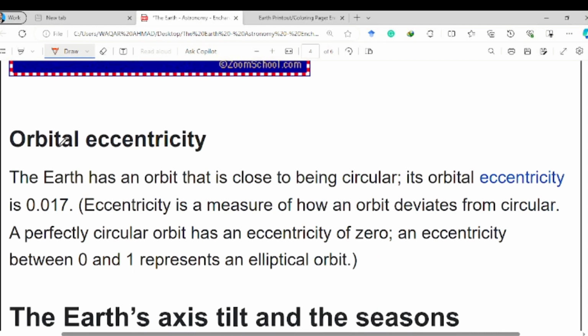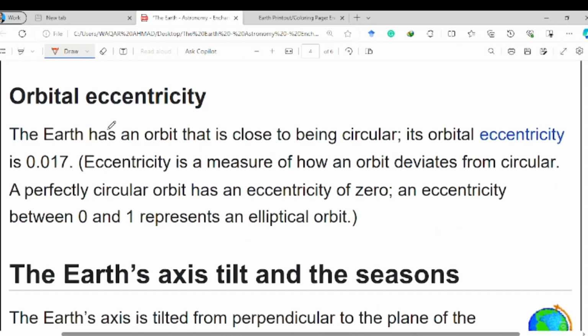Okay, so orbital eccentricity. The Earth has an orbit that is close to being circular. Not perfectly circular, but close to circular. Its orbital eccentricity is around 0.017. Eccentricity is a measure of how much an orbit deviates from a circle. In simple words, the eccentricity of a circle is zero.